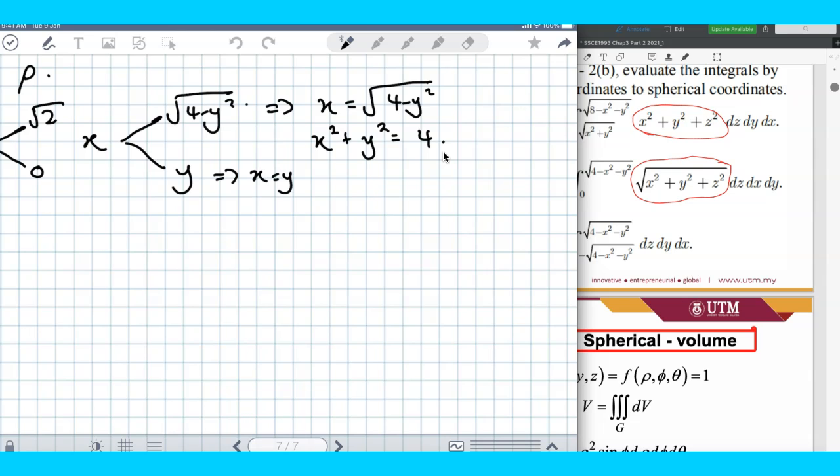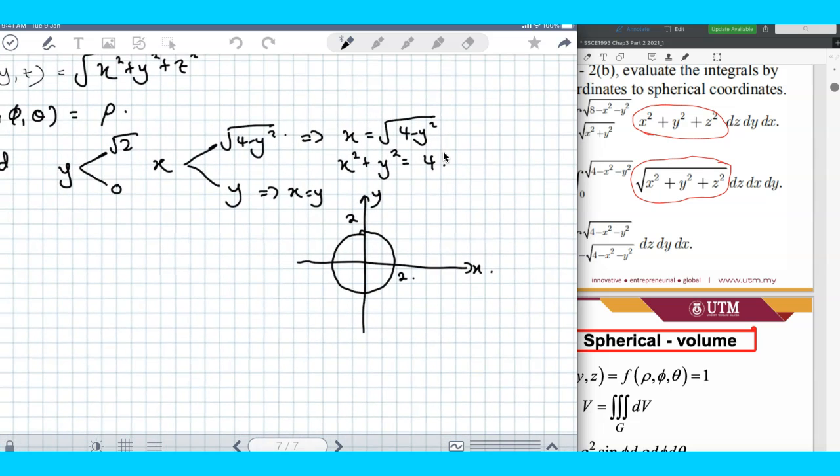So now we want to sketch the region. Your region is part of the semicircle. So I draw the complete circle first, radius 2. Okay, x and y axes. Let me read for the y first.